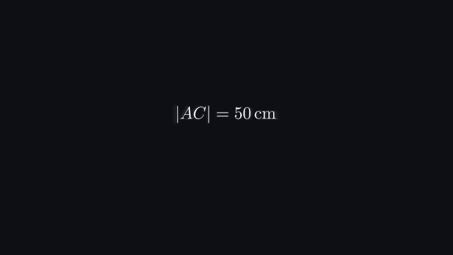Length of AC equals 50 centimeters. Length of CD equals d cm. d equals 13.3 centimeters.